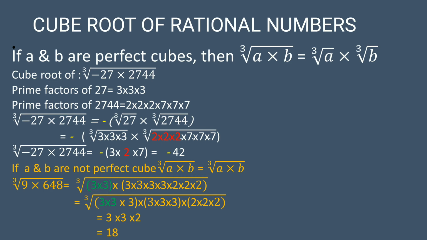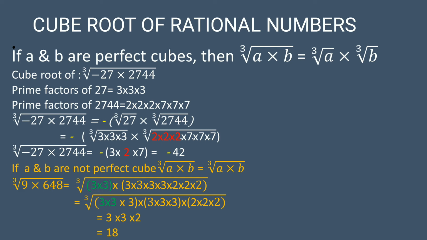Now some more examples where both numbers are not perfect cubes, but if we write the prime factors, the whole product becomes a perfect cube. So there is no need to multiply these numbers first. You will make direct factors of both numbers.